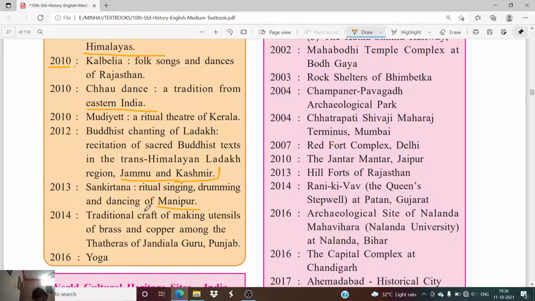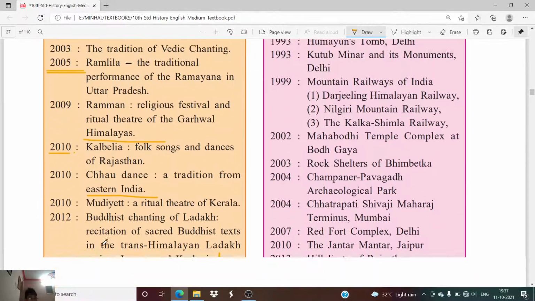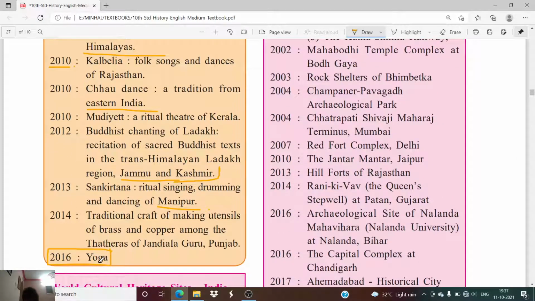It is also an intangible heritage. In 2014, the traditional craft of making utensils of brass and copper among the Thatheras of Jandiala Guru in Punjab. And in 2016, one of the important, that is yoga, was declared as intangible heritage. Yoga.